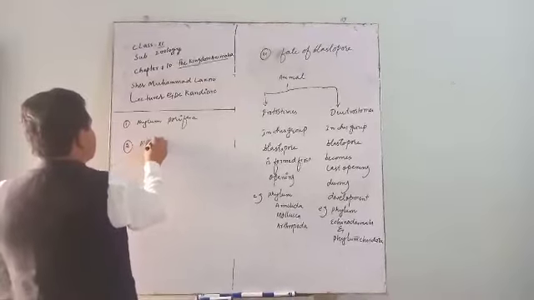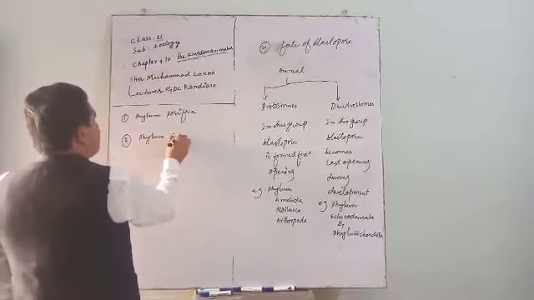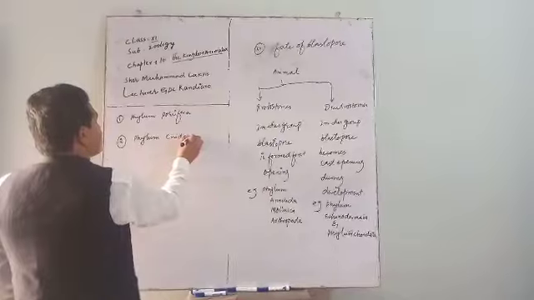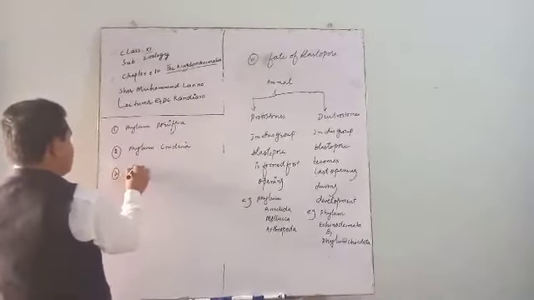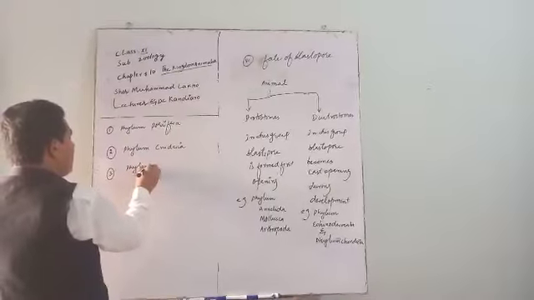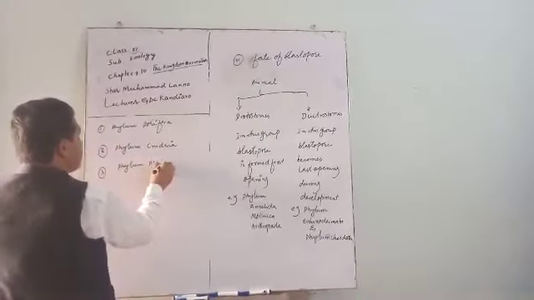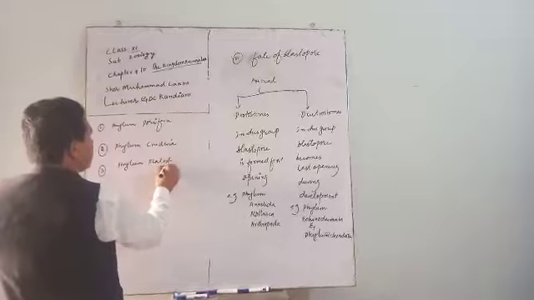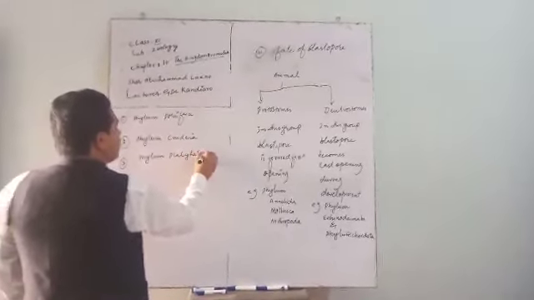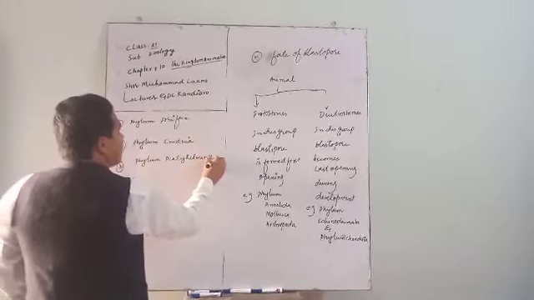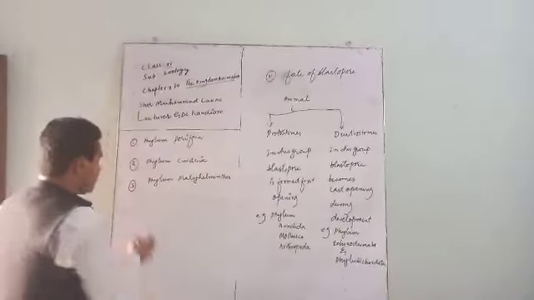Number 2, phylum Cnidaria, also called Coelenterata. Number 3, phylum Platyhelminthes, also called flatworms.